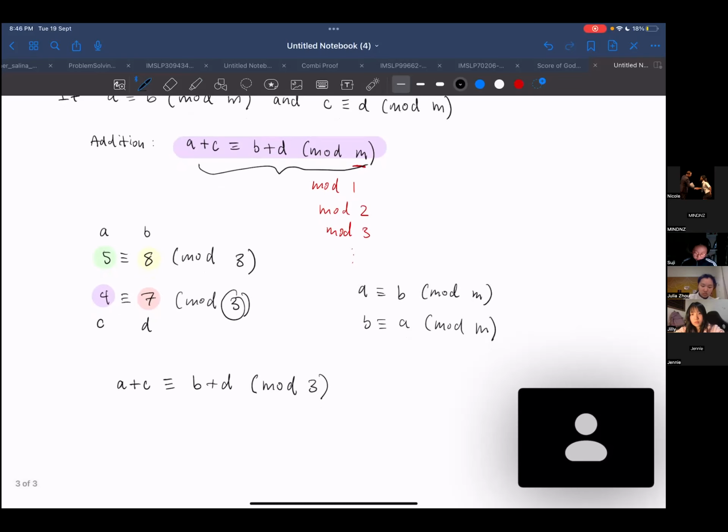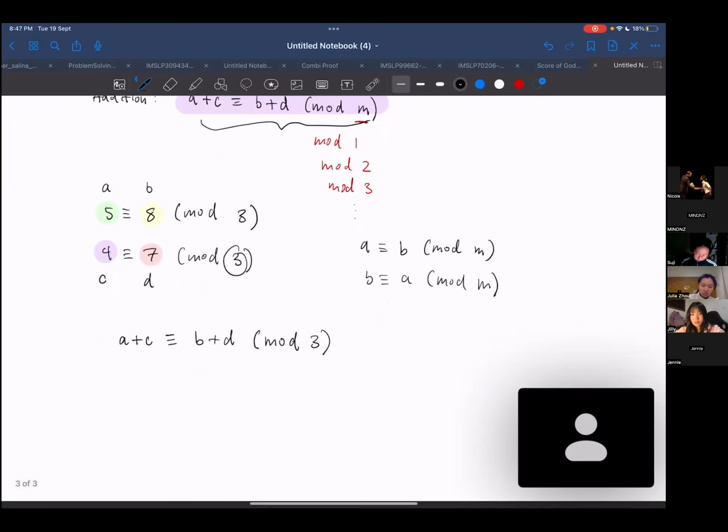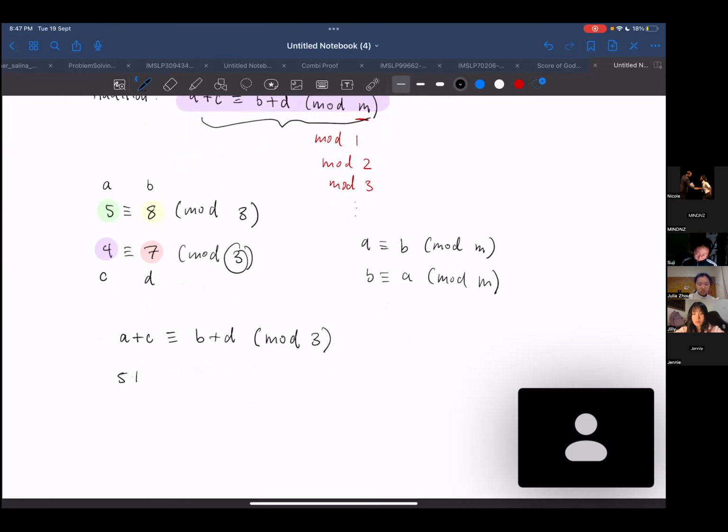So if we plug those numbers in, we replace A with 5 and C with 4, then we get 5 plus 4 is congruent to 8 plus 7 in mod 3. Then 9 is congruent to 15 in mod 3.